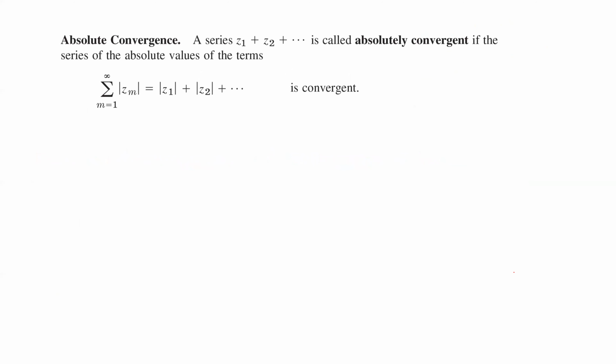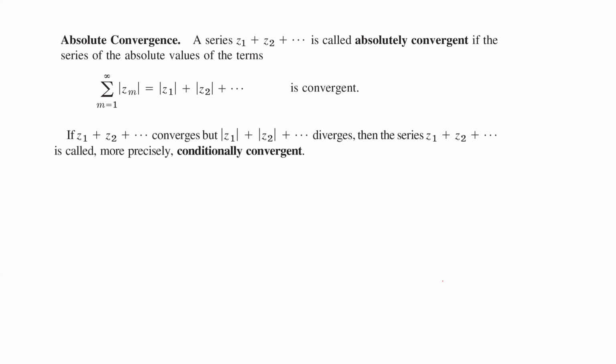Absolute convergence means the series of the absolute values converges. So if you have a series Zn, and the series of the absolute values converges, we say that this series is absolutely convergent. All right.